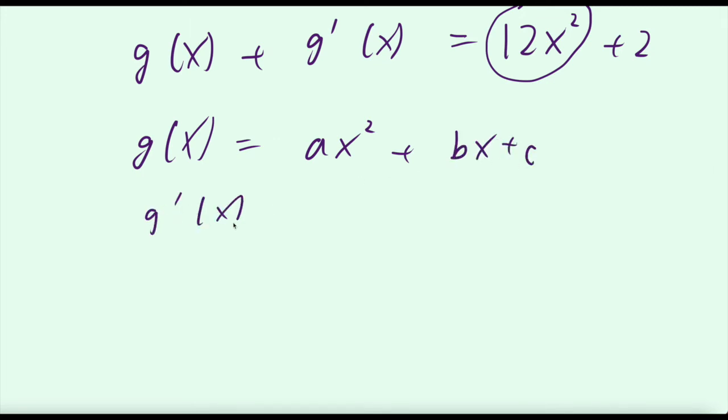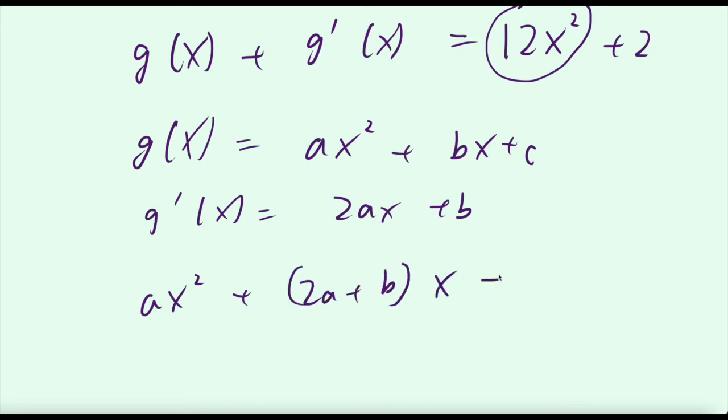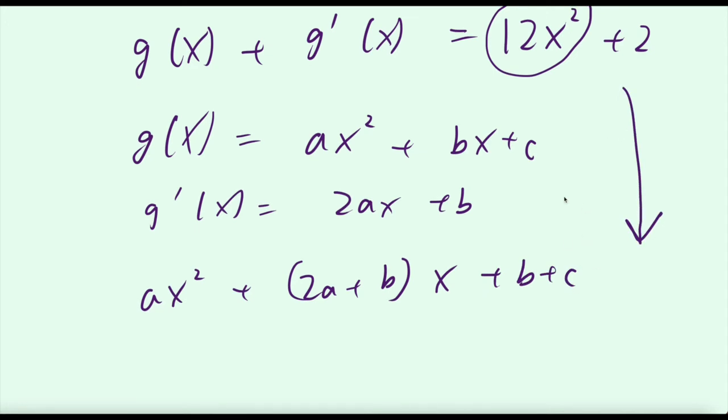g prime of x is equal to 2ax plus b. You add them up, you get ax square plus (2a plus b) into x plus (b plus c) is equal to this expression over here.